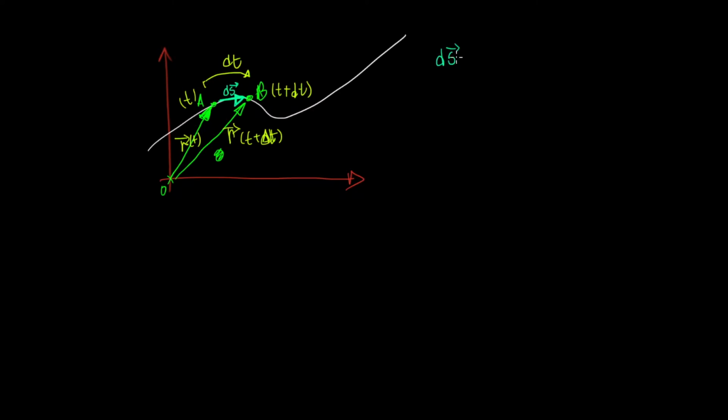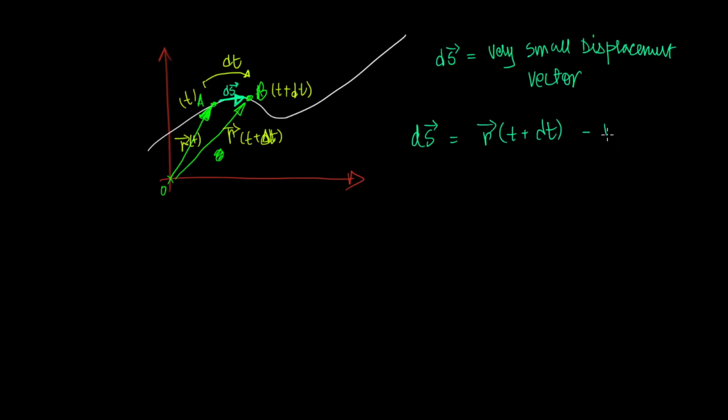So ds vector is a very small displacement vector, and it's small because dt itself is really small. So ds will therefore be r of t plus dt minus r of t.